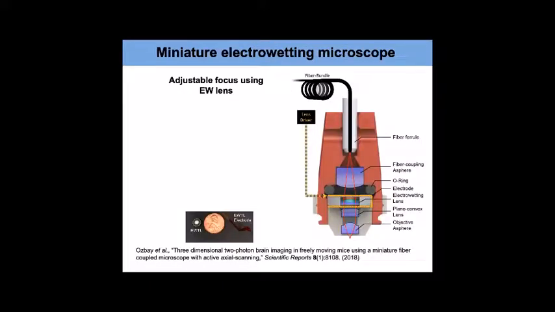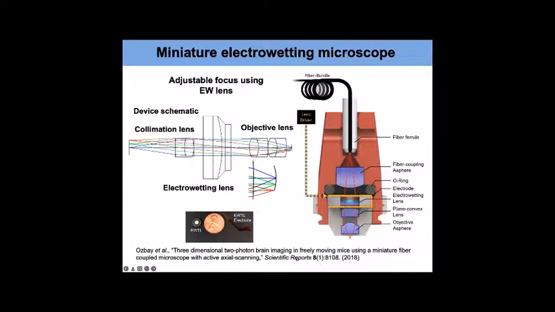Okay, and so we incorporated this into our design in our miniature microscope, so that effectively we could use this electrowetting tunable lens in our microscope to change our focus deeper into the tissue.